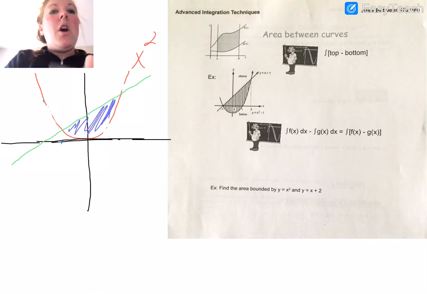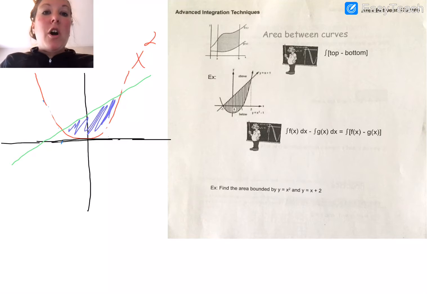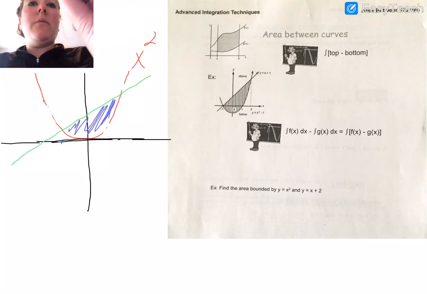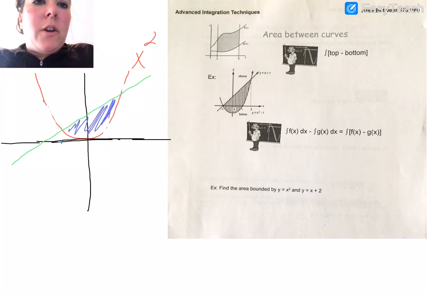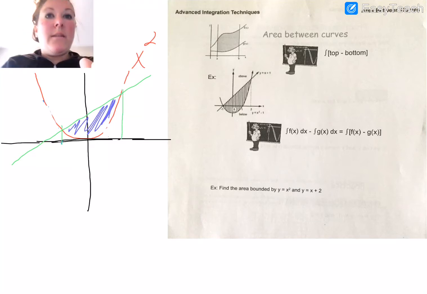Well, I know that by using a regular integral, I can find the area under the curve. So I could find the area under the linear function, and we're going to use the point of intersection because that's going to be between them.